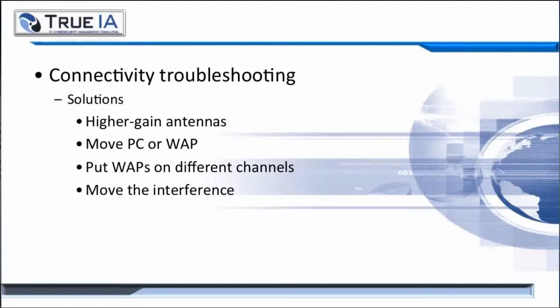The solutions to these, once identified, are pretty standard. For overlapping WAPs, you will probably need to turn up the gain on an antenna. For conflicting channels, you might need to consider moving that wireless access point to a different channel, or for sources of interference, you may need to move that source of interference.